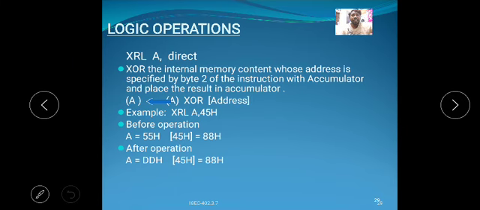Before operation A is equal to 55. The address of memory location 45H, the content is 88. Based on these two, execute the XOR operation between 55 and 88 converted into binary form.